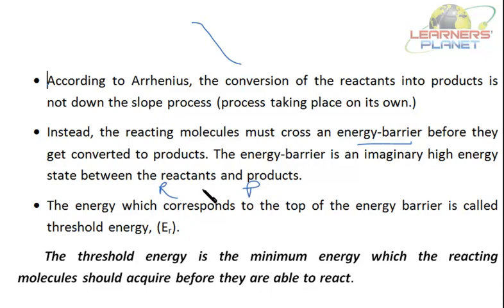There is some high energy state in between them. The energy which corresponds to the top of the energy barrier is called the threshold energy. So this is what I am repeating, that the molecule should possess certain minimum energy, which is called the threshold energy, so that their collision leads to the formation of product.